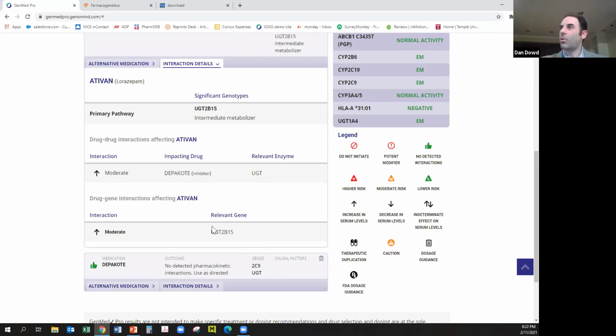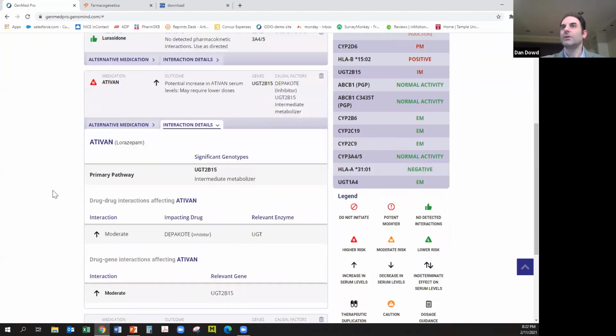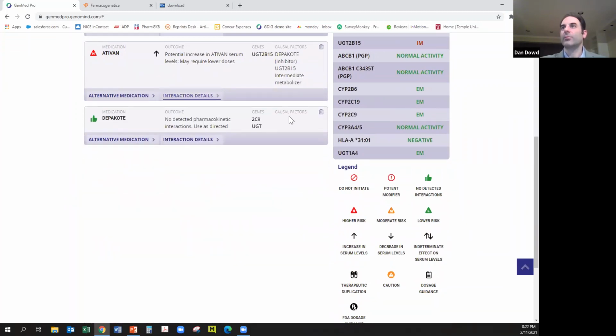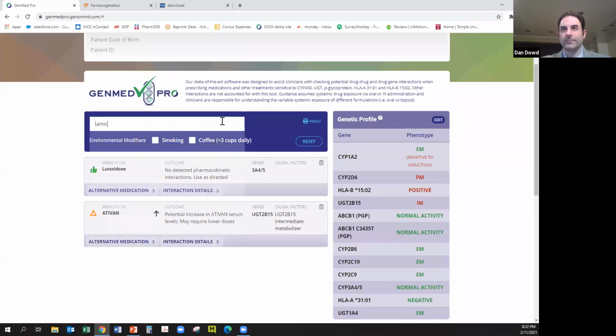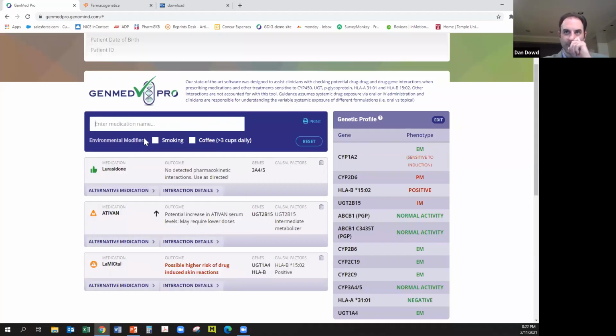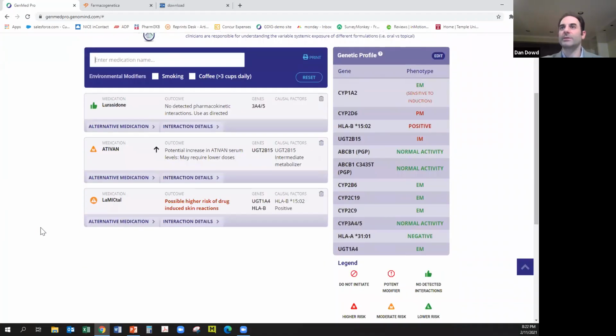So this person was born with a deficient enzyme, and then we have further inhibited that deficient enzyme by adding the Depakote on board. So maybe we get rid of the Depakote and we consider lamotrigine or Lamictal. Well, we've added the Lamictal and we get a red flag. Uh-oh, caution, possible higher risk of drug-induced skin reactions.